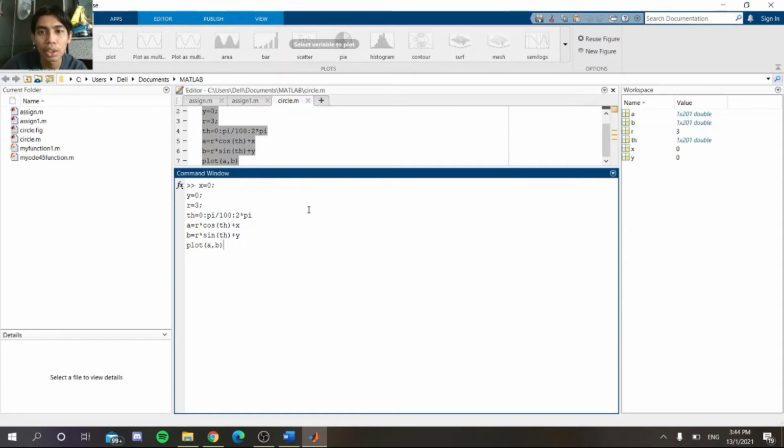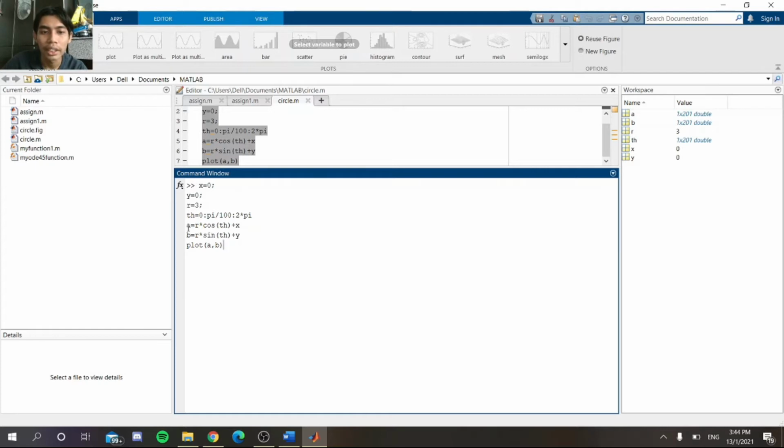Firstly we need to draw the circle to obtain the limits needed for the double integral later. To draw the circle, first we write x equal to 0, then y equal to 0, and radius r equal to 3, because our equation is x squared plus y squared equal to 9. Then theta is from 0 until 2 pi, which is a full circle.